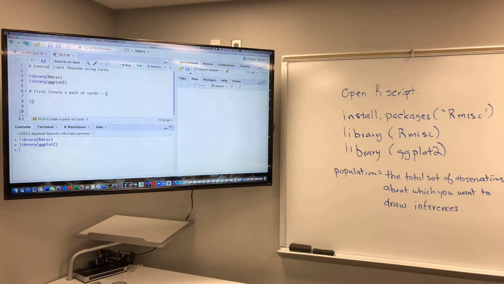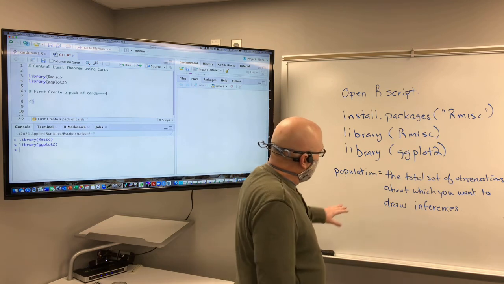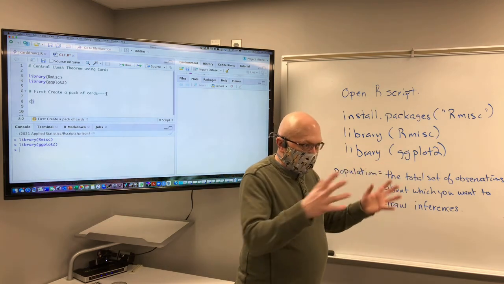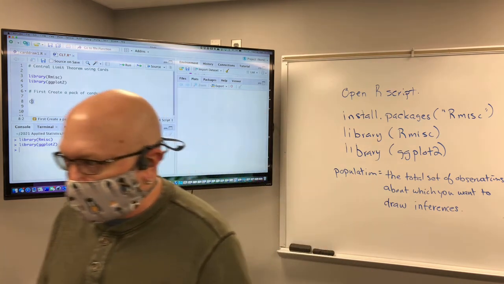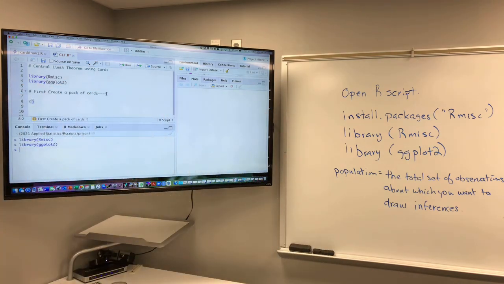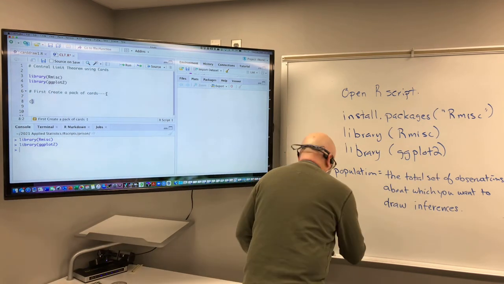The idea behind sampling theory is that out there in the broader world, there is a population that you're interested in sampling. In a strict sense, a statistical population is the total set of observations about which you want to draw inferences. For example, if you were a researcher in the auto industry, you could be interested in miles per gallon.